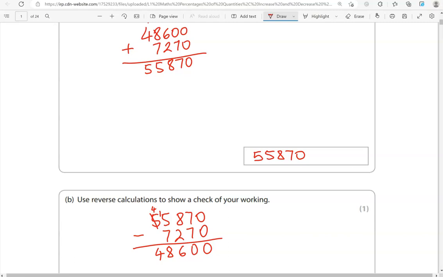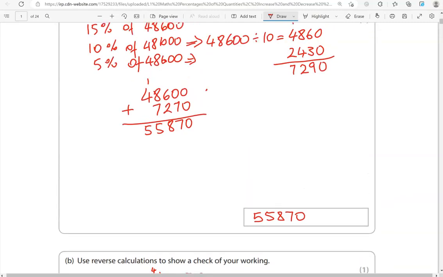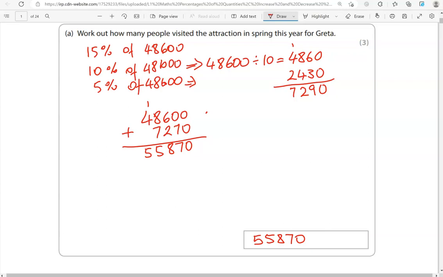So that matches what we have here. So that shows we've done that calculation correctly in the first place. You could do the check on other steps as well, like when we did 48,600 divided by 10, and that gave us 4,860. We can reverse that and do 4,860 times 10, and that gives us 48,600.